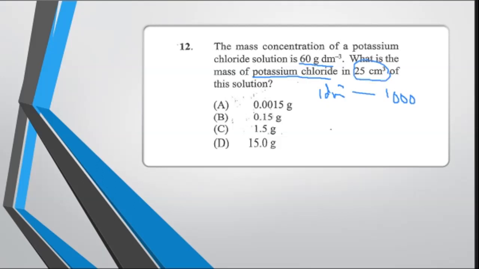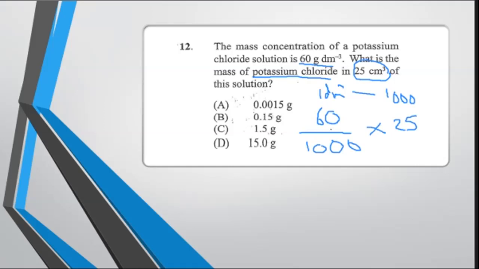So in order for us to figure this out, what we would do, we take the 60 and put it over 1,000 and then multiply that by the volume that they want to give us, right? So the 60 over 1,000 by 25 would give us our answer.